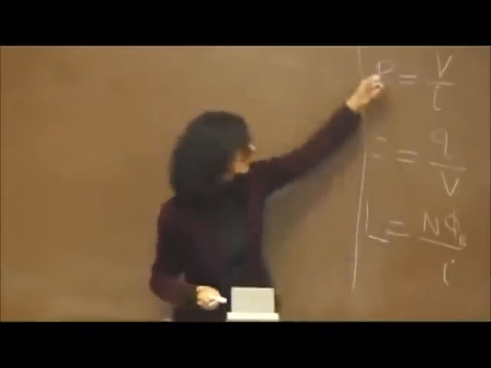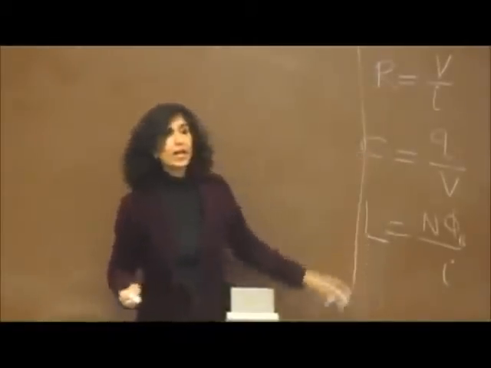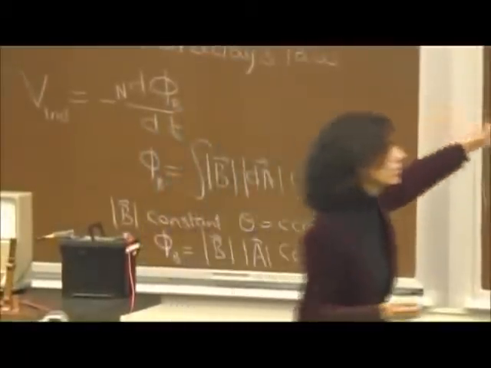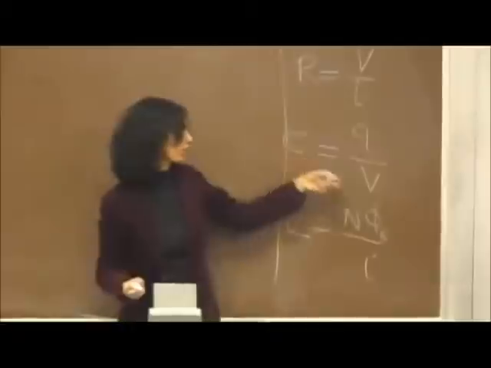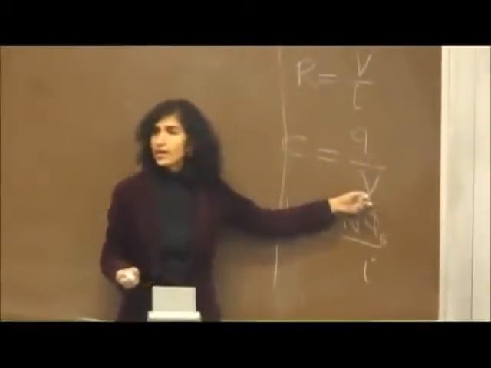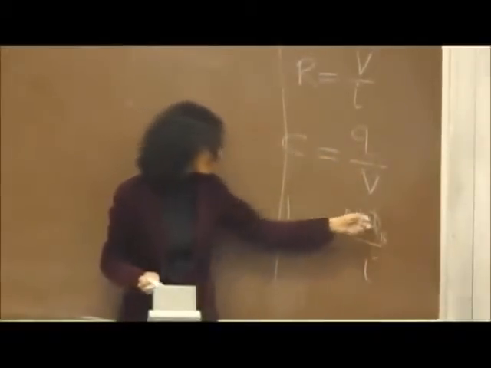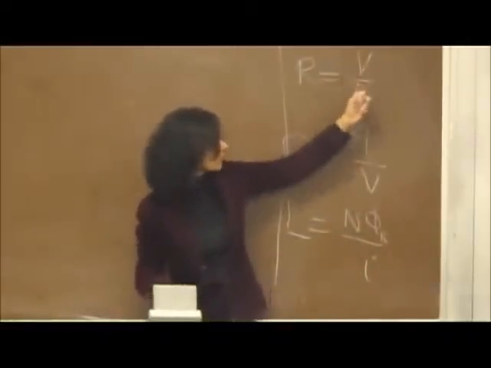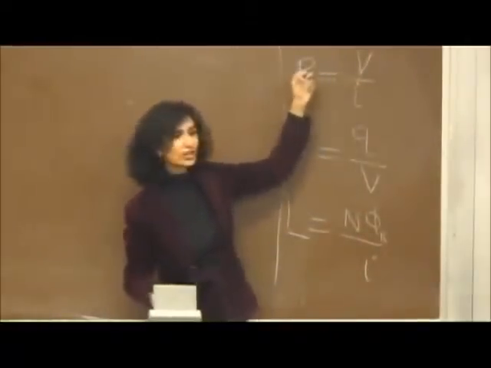None of these things, R, C, and L, depend on external quantities. R does not depend upon V or I for an ohmic material. Capacitance does not depend upon Q or V. L does not depend upon phi or I. Why? Because if you increase voltage, current will increase such that the ratio stays constant.